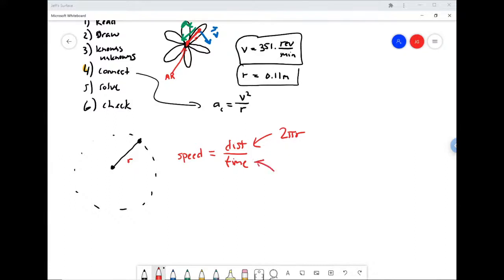And the time it takes to go around once is called period, which is often abbreviated T. So the period of its rotation is how long it takes to go around once. How far does it travel? 2 pi r. And if you take the ratio of those two things, you get speed. Okay.